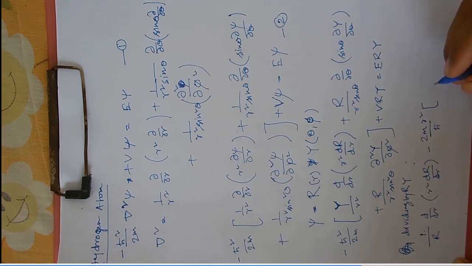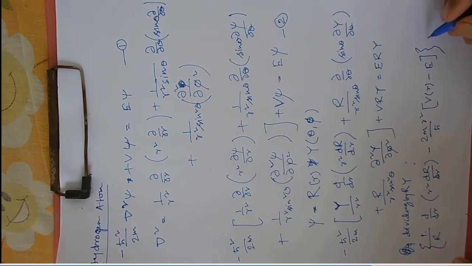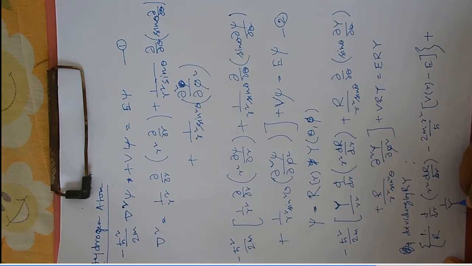I am taking all the radial terms to one side for my advantage. This is the radial part, and here I will write the angular part.